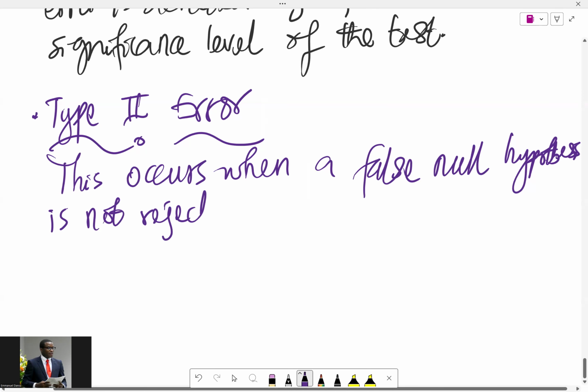So type 1 error, rejecting the right; type 2 error, accepting the wrong. So type 2 error occurs when a false null hypothesis is not rejected. So you accept the wrong thing.